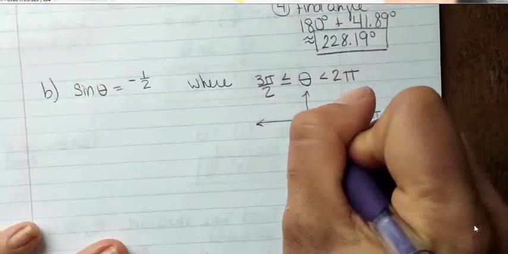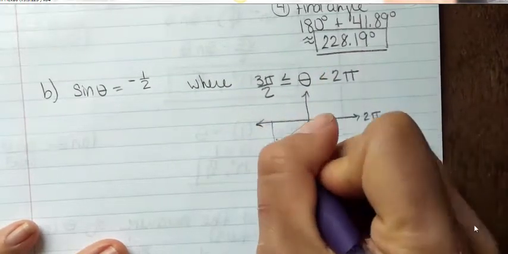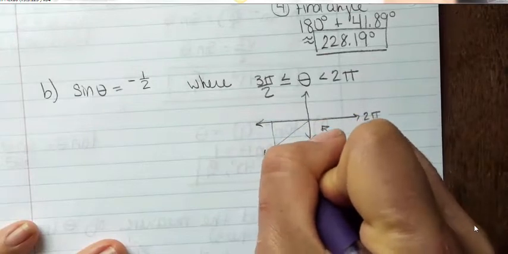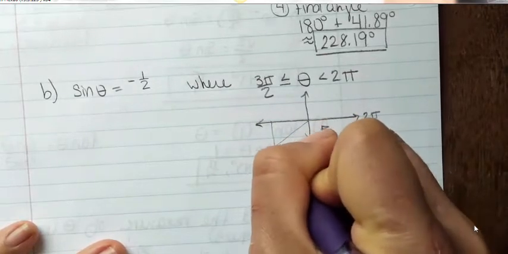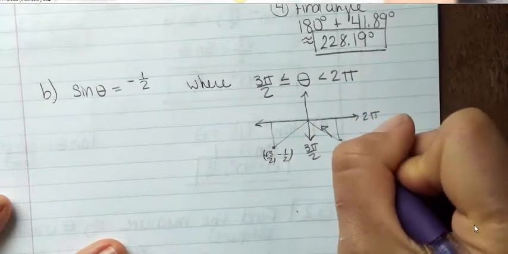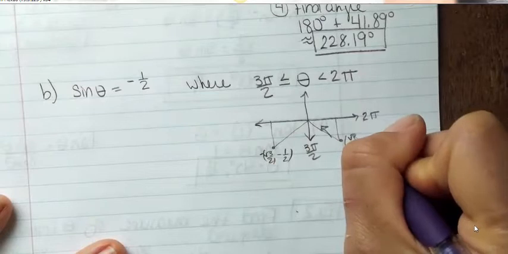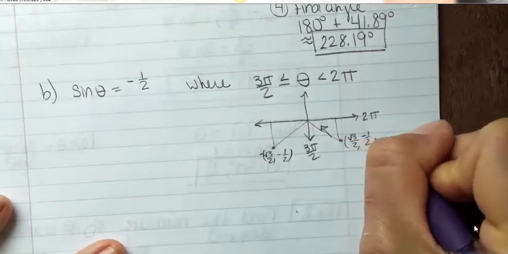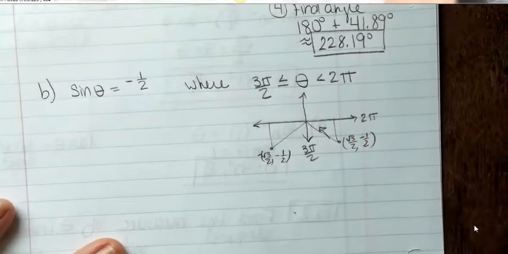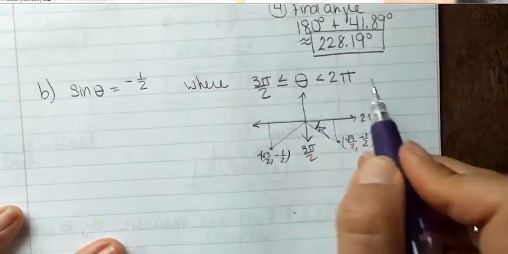So you had two options to choose from, right? There was this option here where sine was negative 1/2, or there was this option here, where sine was also negative 1/2. These were both negative. And you would want to choose this angle here because it's in the right quadrant.